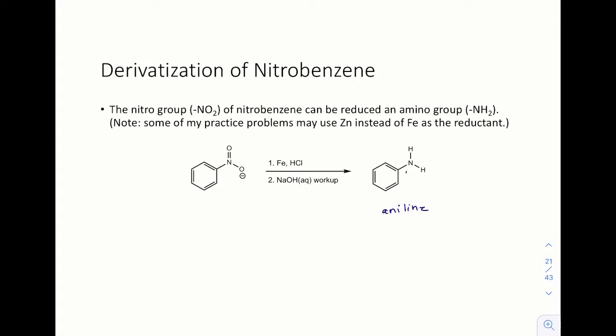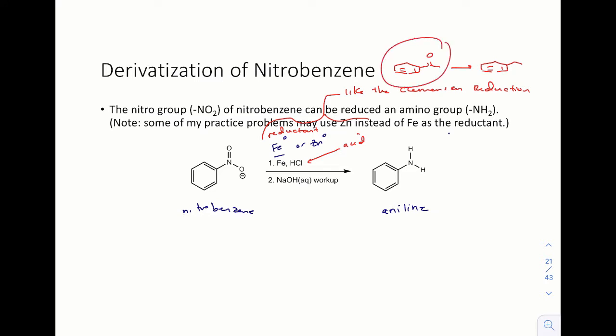Aniline, which is an aryl amine, can be made from nitrobenzene by reduction of the nitro group with a metal reductant. Iron metal can be used or zinc in the presence of HCl. These conditions may remind you of the Clemmensen reduction, in which an aryl ketone was converted into an alkyl benzene following reduction of the carbonyl.